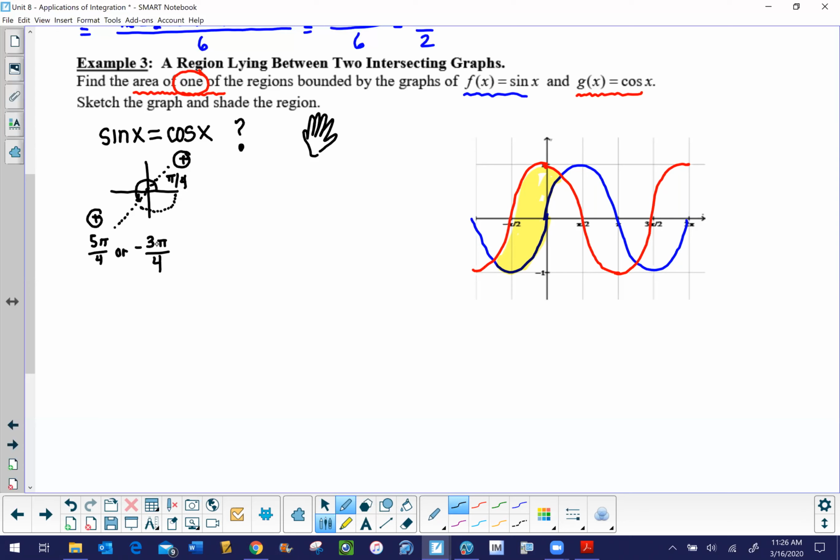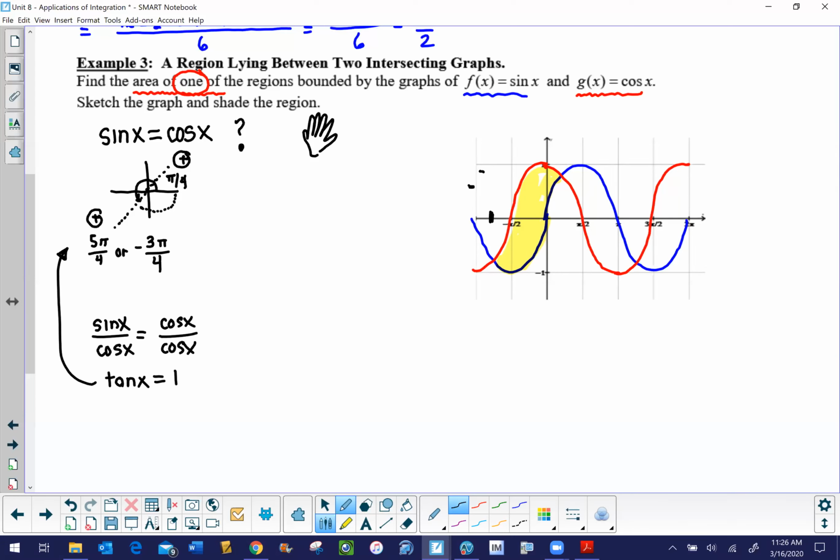Another way to think of that would be if sine equals cosine, we could divide through by cosine. Yes, Reese, I'm finding the boundaries right now. If you divide through by cosine, you get sine over cosine, which is tangent. Tangent equals 1, and tangent equals 1 at pi over 4, 5 pi over 4, or -3 pi over 4.